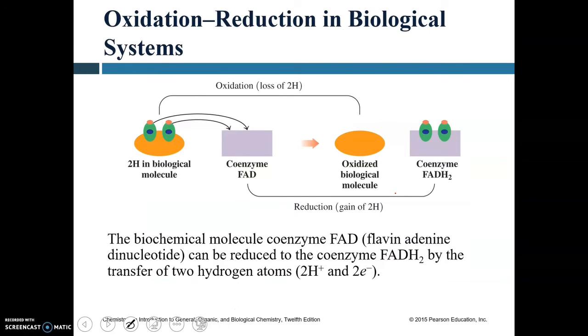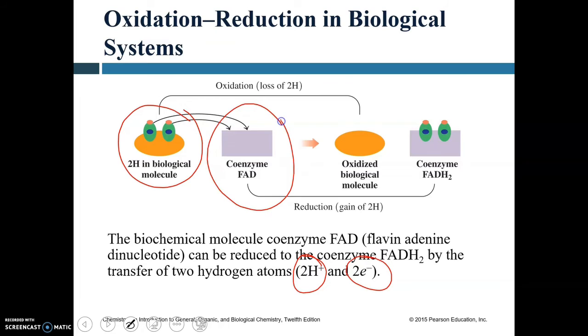In biological systems, oxidation and reduction play an important role for their function. For instance, various molecules can lose 2 hydrogens and 2 electrons, and coenzyme FAD will accept those 2 hydrogens and 2 electrons.